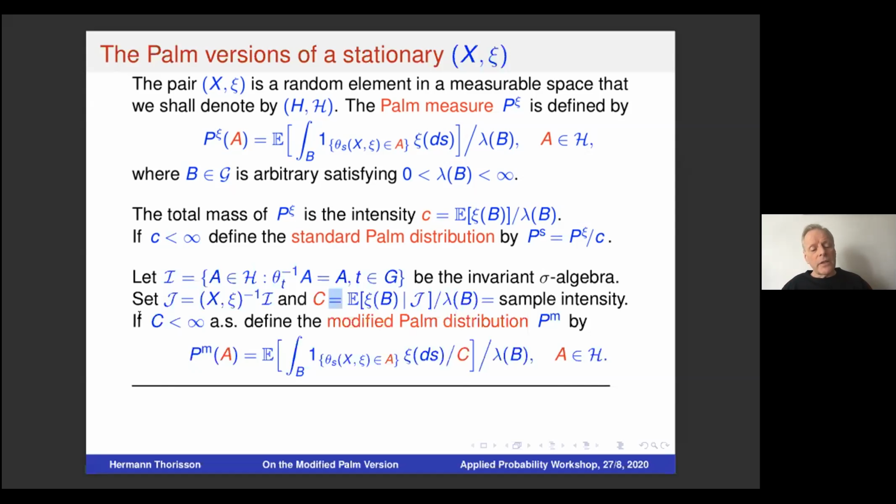And if that random variable is finite almost surely, we define the modified palm in this way. So it is similar to this definition here. When we divide here by this little c, we can do it inside, and here we divide by capital C instead.